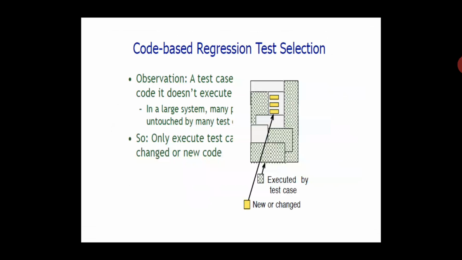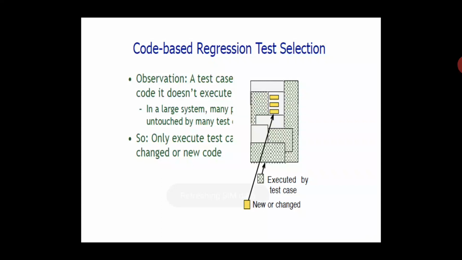So what is code based? I already told you, right? Observation in the sense that a test case code doesn't execute. For example, here they have complete test cases, and in the figure they have given, the colored portion is called the changed portion.